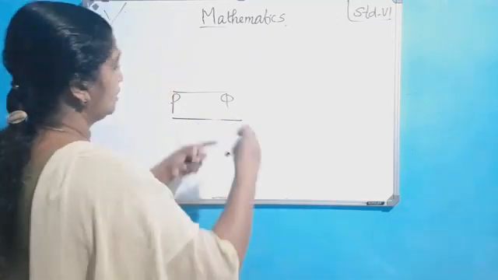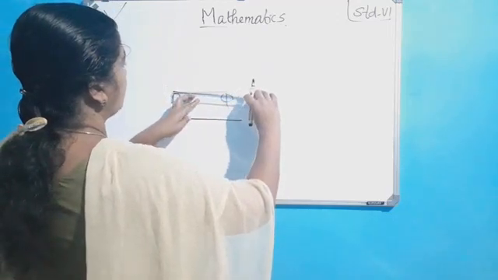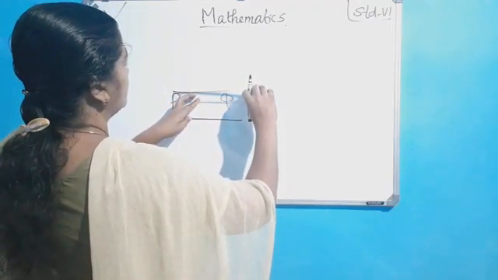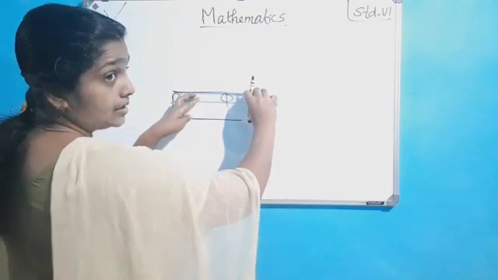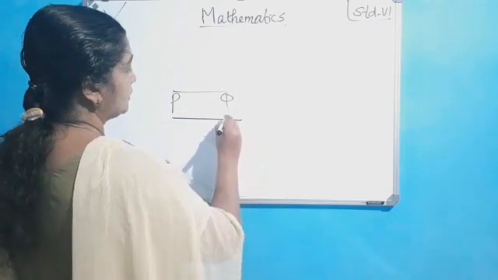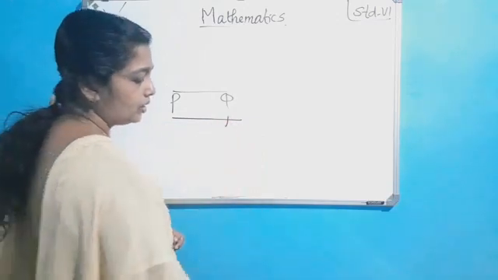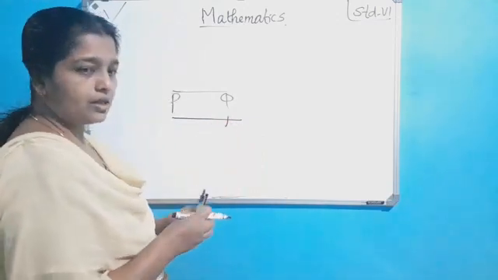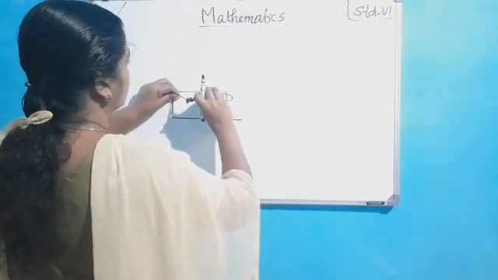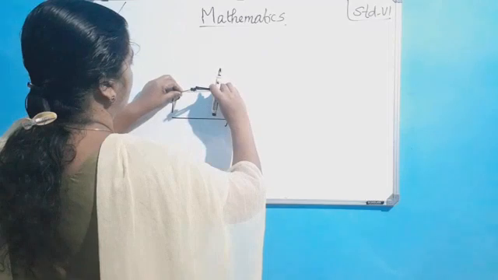Next, take the measurement from PQ using the scale, here a large scale of 15 centimeter, or take the compass, take the correct measurement and cut it.